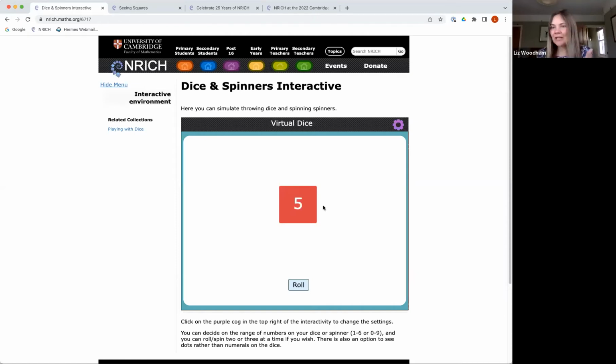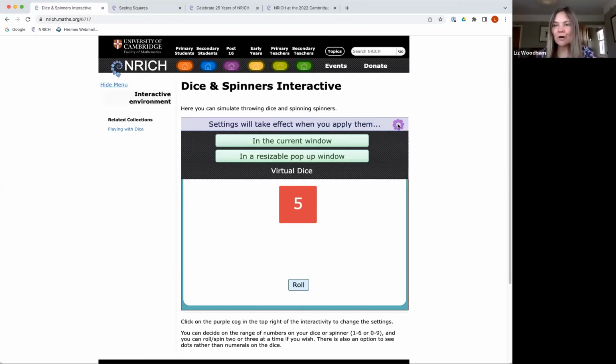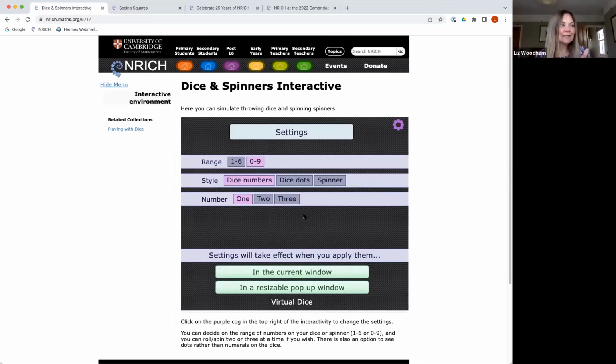The crucial thing that you might want to know is that if you click on the purple cog in the top right hand corner, you can change the settings so that you can change the range of numbers on your dice. You can alternatively have a spinner or more than one spinner, and you can show dice dots or dice digits, numerals. So we just wanted to share that with you briefly because you may not have a 0 to 9 dice at home. All right, Charlie, are you ready for another task?